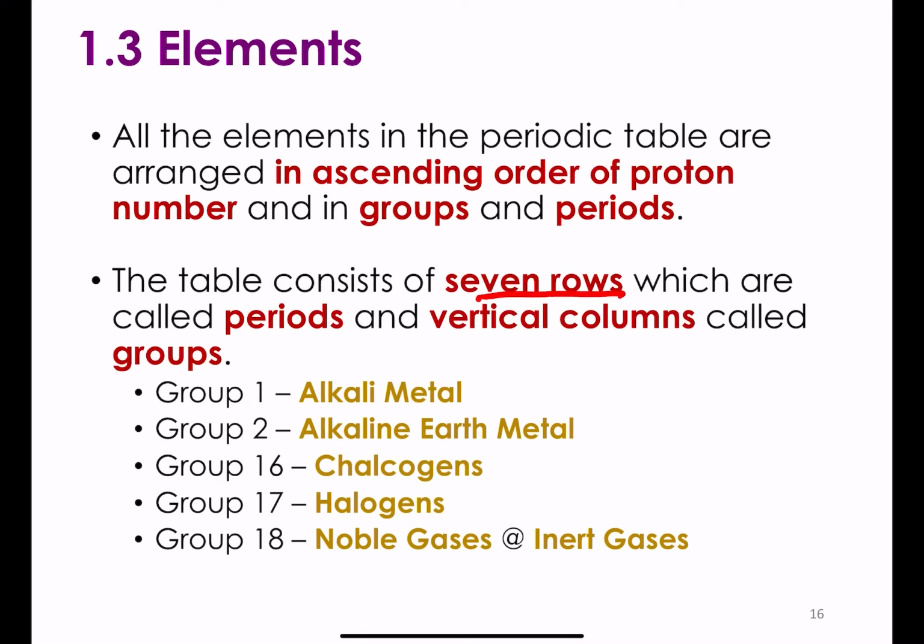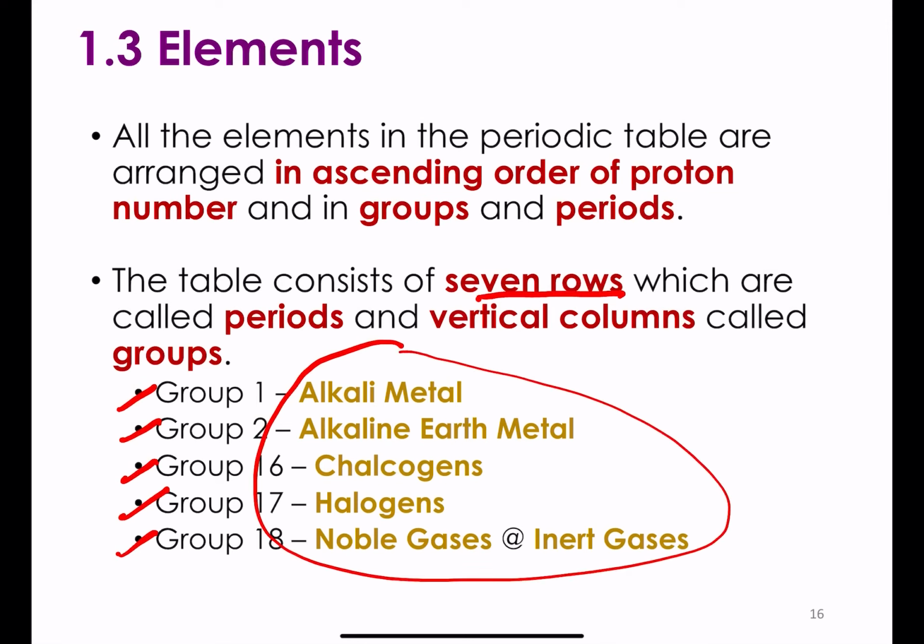And we have vertical columns which we call groups. So we have vertical columns from group 1 until group 18. But what you are going to focus on in your syllabus, we are going to skip from group 3 to group 12. It's not included in your syllabus, but I'm going to include group 1, group 2, group 16, 17 and 18. And as you can see here, they have different names. Okay, other names that you must know.